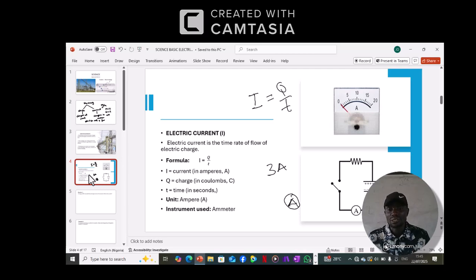So this is the symbol of an ammeter in the circuit. The lines you are seeing are wires. Let me show you the ammeter here. The A is written here to show that it is an ammeter.